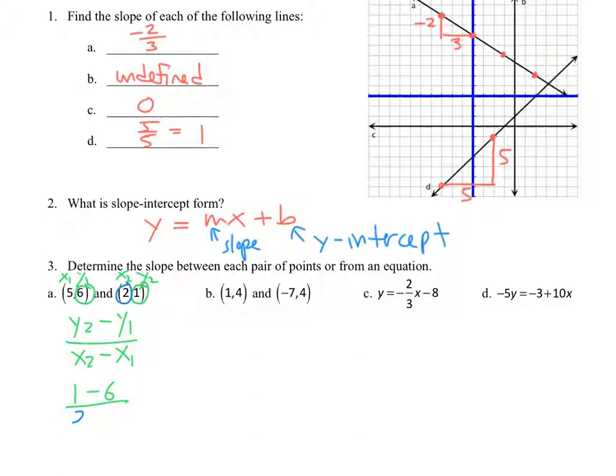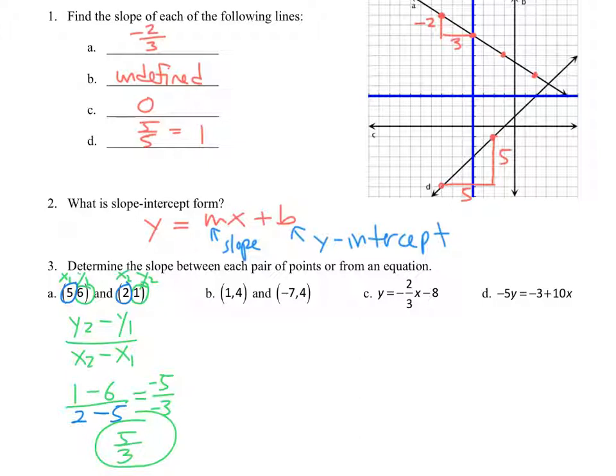And I'm going to do 2 minus 5. And then I simplify, and we get 1 minus 6 is negative 5. 2 minus 5 is negative 3. And those two negatives cancel out, and we get 5/3 for the slope.